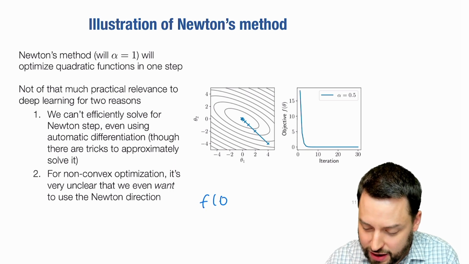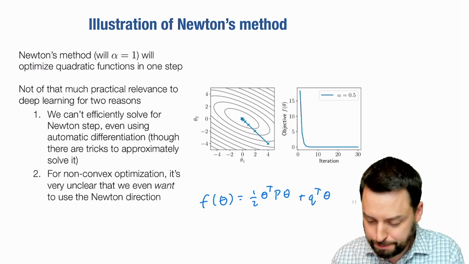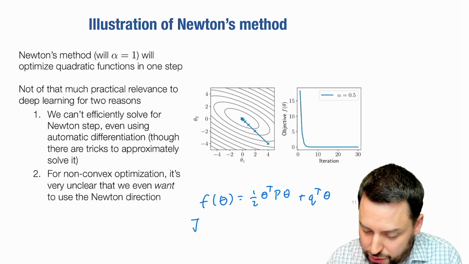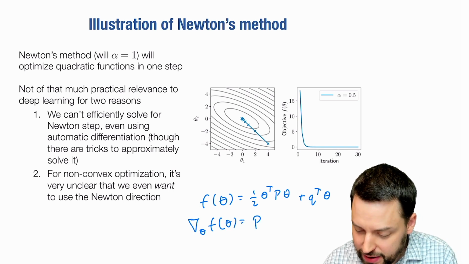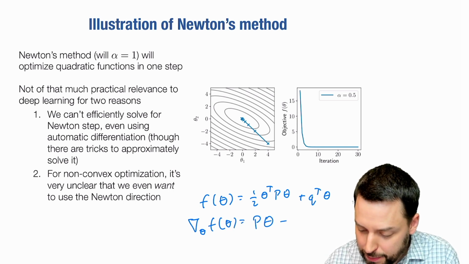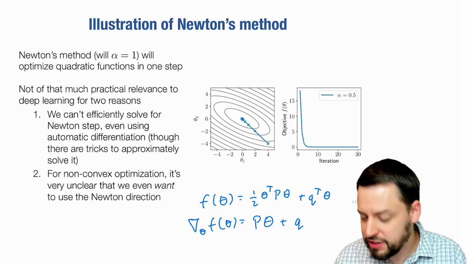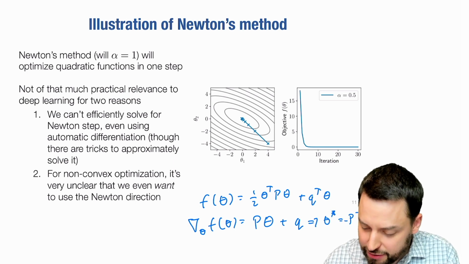If f theta is equal to 1/2 theta transpose P theta plus q transpose theta, then the gradient with respect to theta of f theta is equal to, in this case, P theta plus q. And we can solve this exactly, because we can just set it to zero, which means that theta star is equal to negative P inverse q.